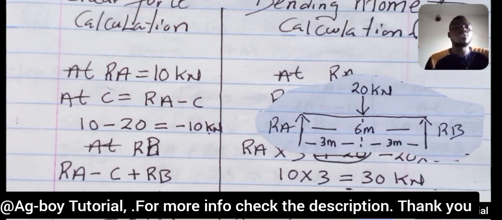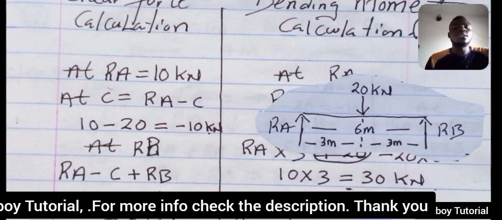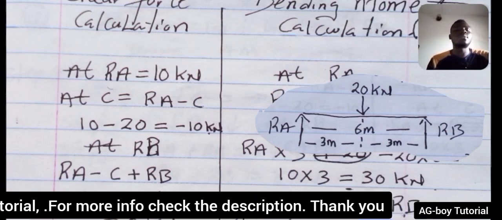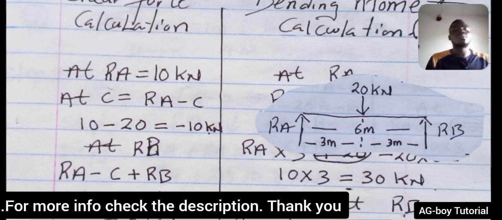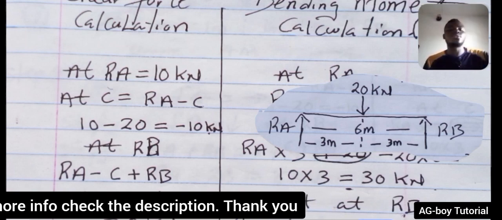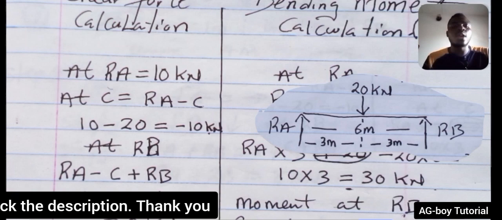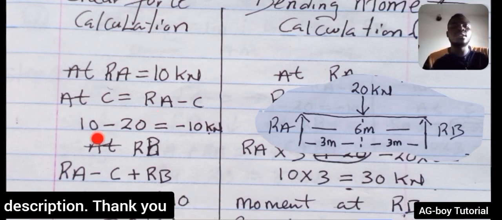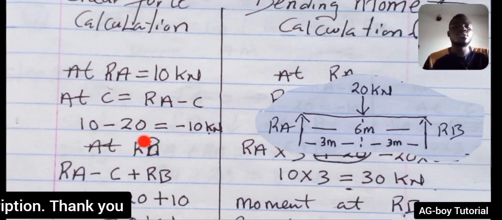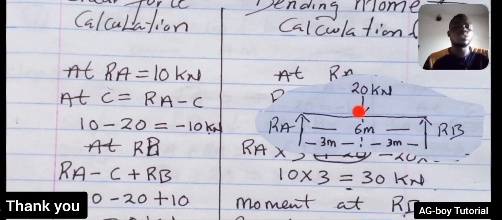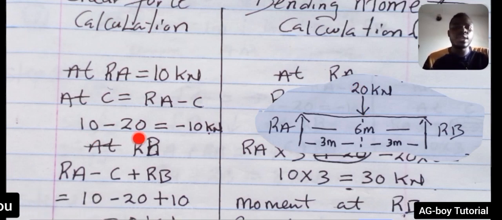All about this shear force is about addition and subtraction, so it's nothing difficult for you to understand. Our RA here is 10 kilonewton minus 20 kilonewton. Why is it negative? Because it's coming downward. So 10 minus 20 will give us minus 10.